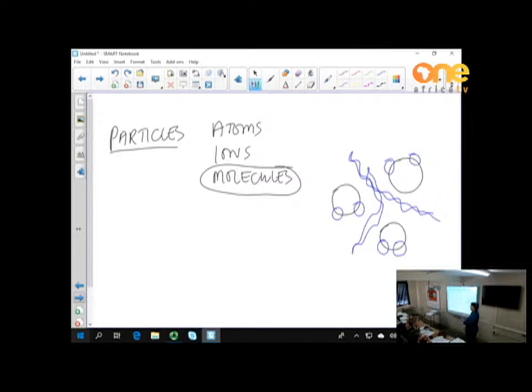When we did the characteristics of molecular substances: soft solids, low melting and boiling points, weak forces. Yes, the forces between molecules are weak, and the name of the forces is van der Waals forces.